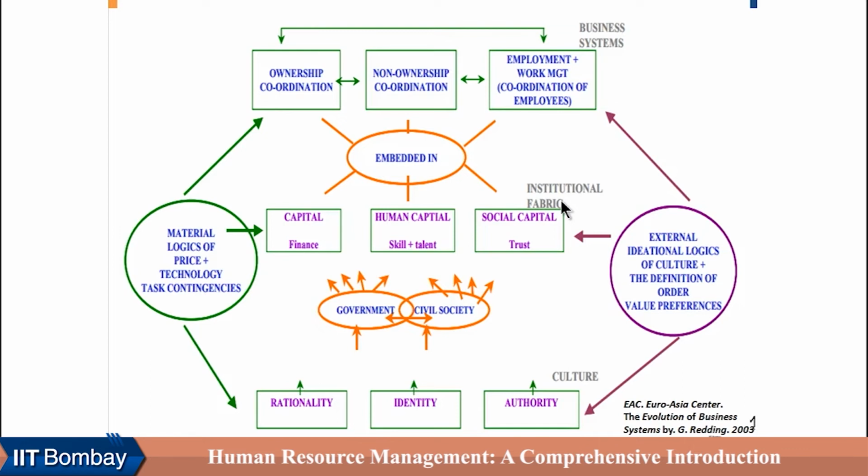But if the civil society is not coherent, is not proactive, there is much more infighting in the civil society, and if the government is not welfare oriented but is a rent seeking, extracting kind of government, then you will have a very different kind of institutional fabric emerging from a similar culture.